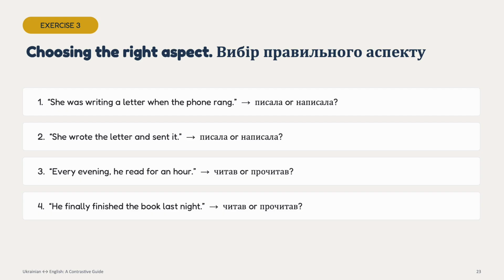Прочитав. Yes, because it's a completed action and we have the result. So in this case, it is perfective, not imperfective. Okay, I will stop recording at this moment and then we can ask and answer.